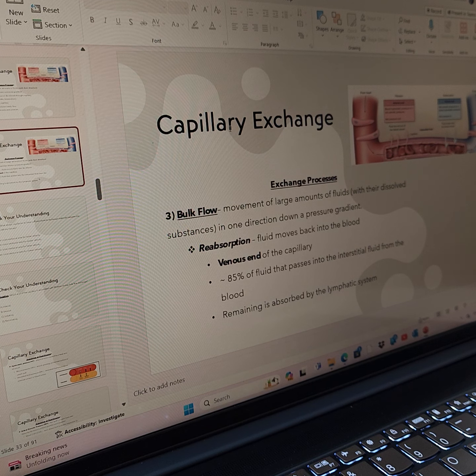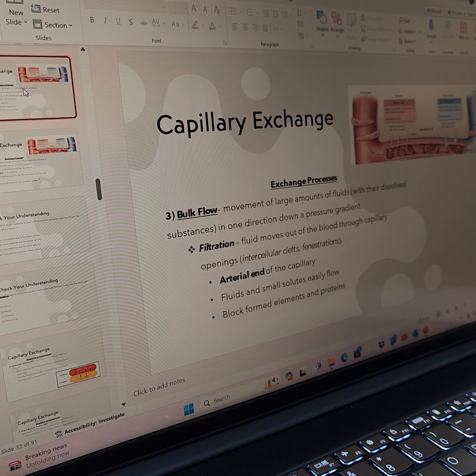Reabsorption: fluid moves back into the blood at the venous end of the capillary. About 85% of fluid that passes into the interstitial fluid from the blood is reabsorbed, and the remaining is absorbed by the lymphatic system. So this is taking place at the venous end of the capillary.